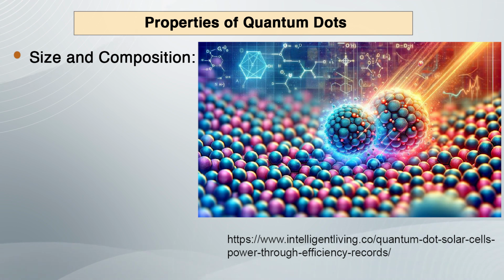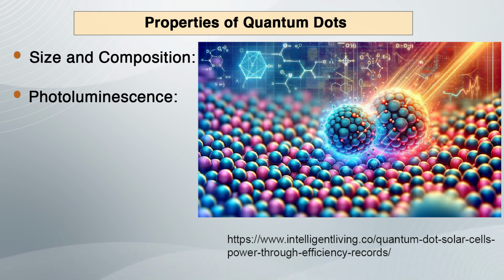Additionally, the composition of quantum dots, such as the choice of semiconductor material, that is cadmium selenide and indium phosphide, further influences their optical and electronic characteristics.